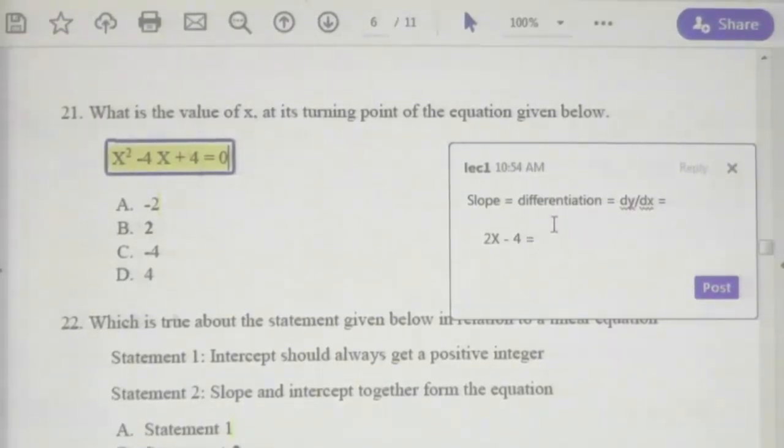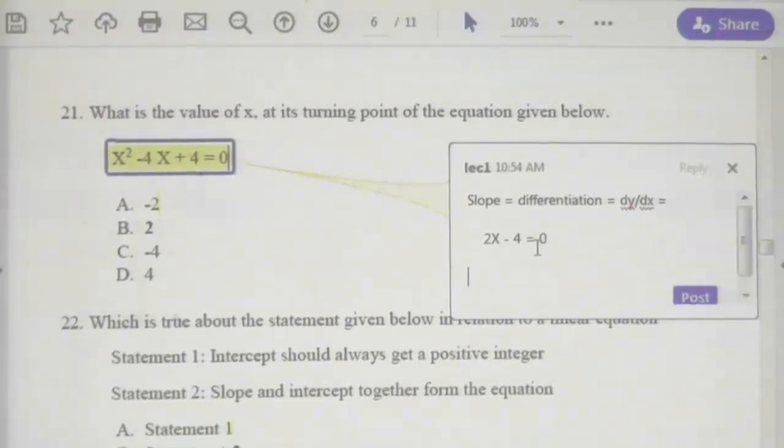When it equals 0, it is a turning point. The slope is the differentiation function. Is that clear? When it becomes 0, that is the turning point. Therefore, we can calculate the value at the turning point.